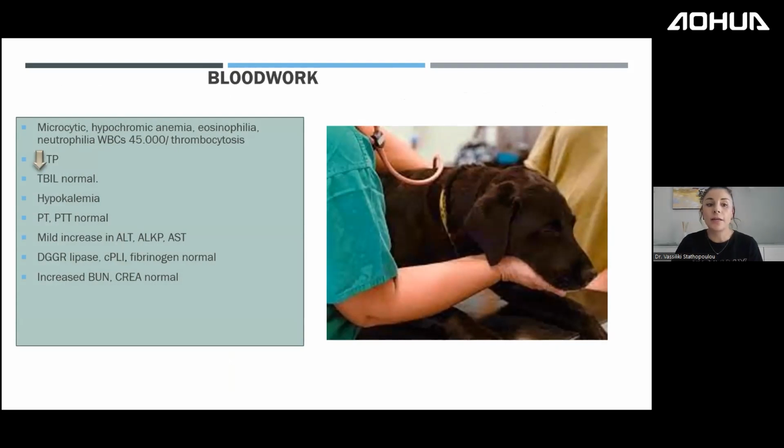Low total proteins, the total bilirubin was normal, mild hypokalemia, PT-PTT normal, a mild increase in the liver enzymes due to the hypoxia, liver hypoxia again.